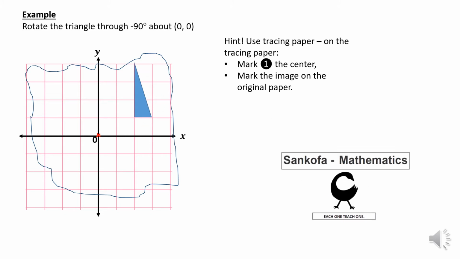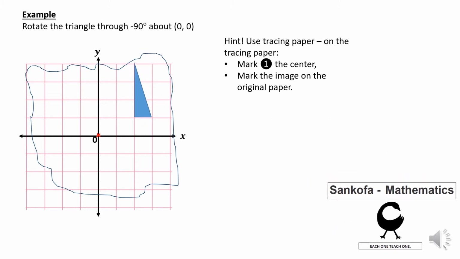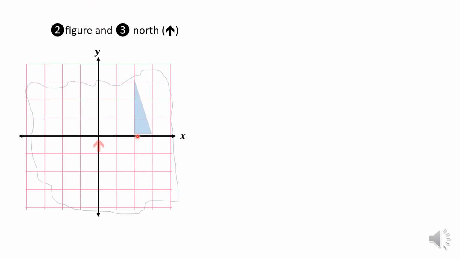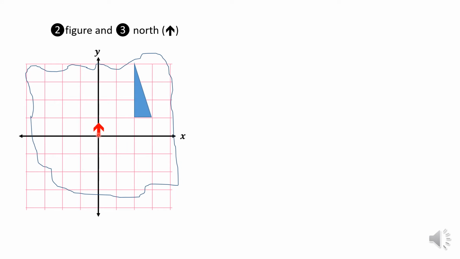And then you make yourself a north line like this from the center of rotation. Is that clear? Because I know I'm supposed to go 90 degrees clockwise, or -90, this north line has to now point to the east.